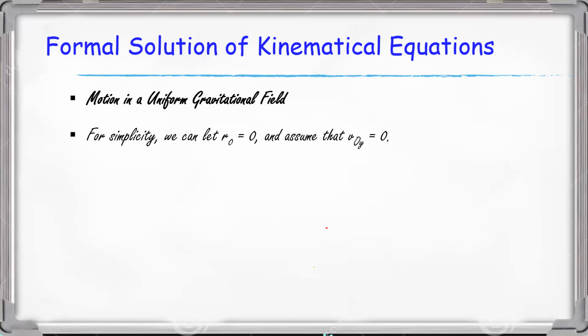And also we assume that v0y is equal to 0. That means the particle has no initial velocity in the y direction. In the y direction, there is no velocity component.